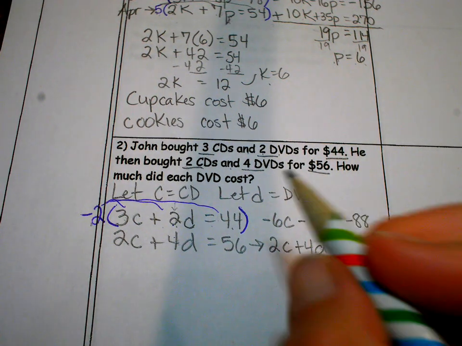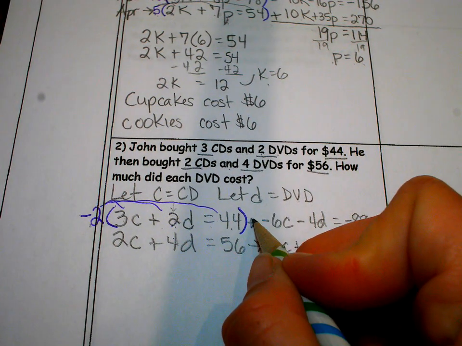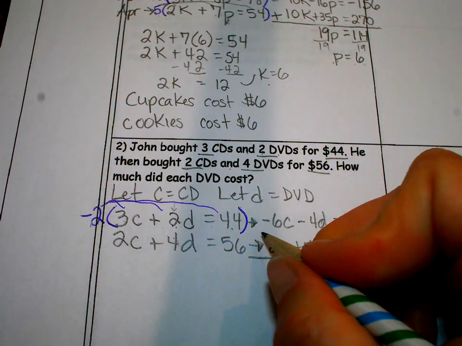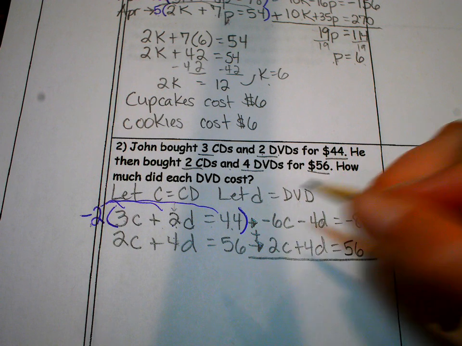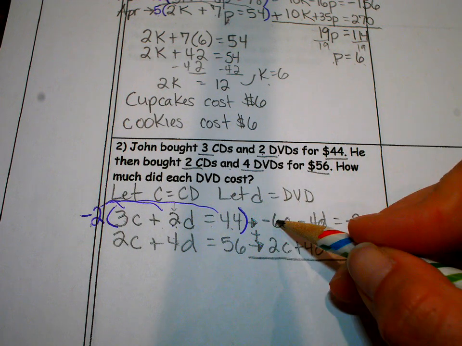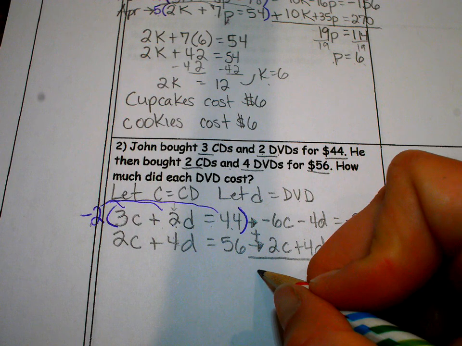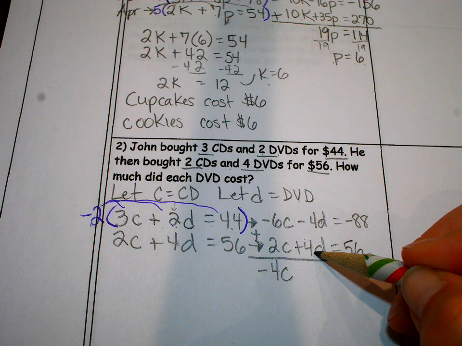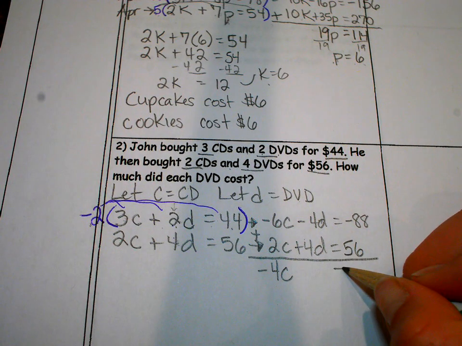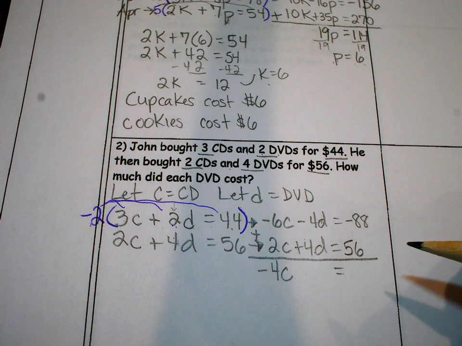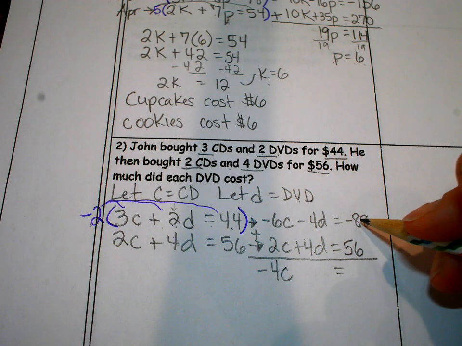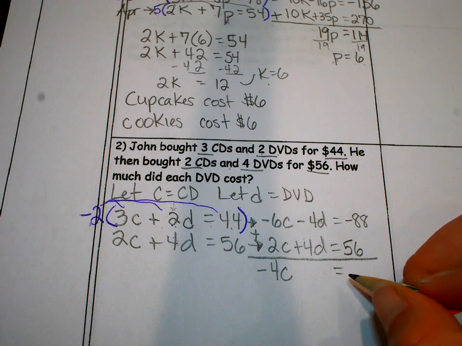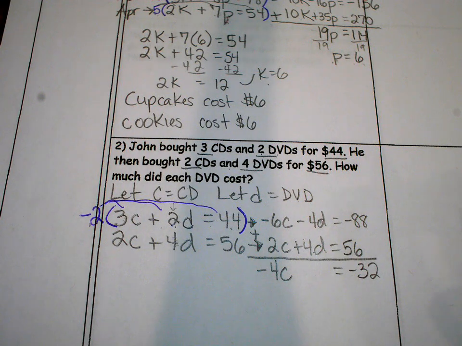So these are my 2 new equations, right? Add them. Negatives go straight down. -6 plus 2, -4c. -4d plus 4d, nothing, it canceled, right? -88 and 56 is -32. Good, it goes in evenly.